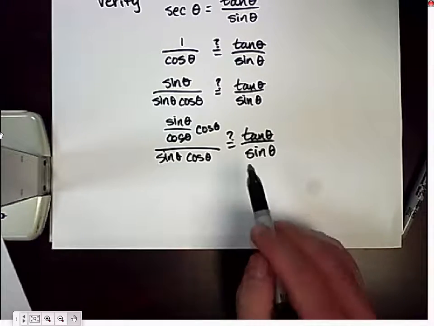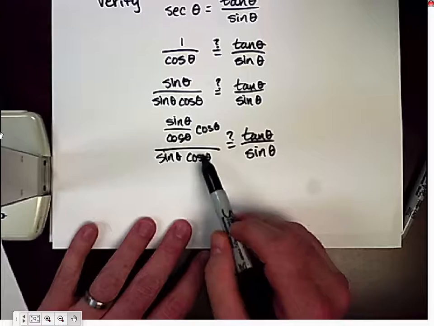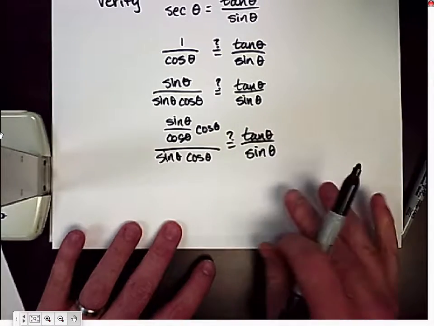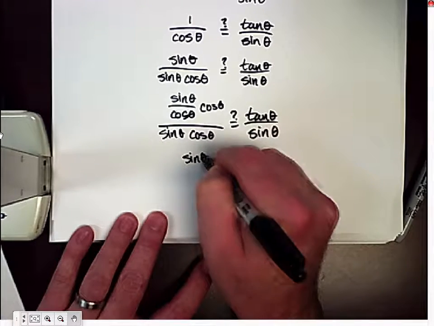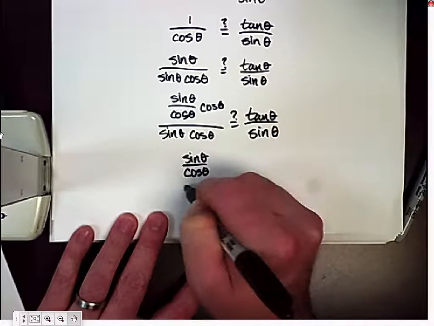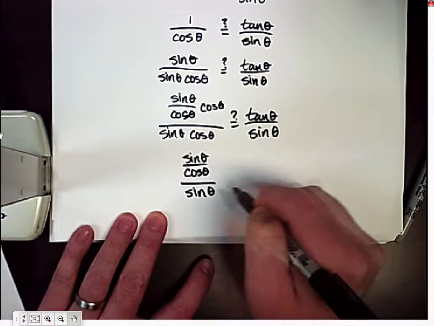Okay. In place of that, I can write, the cosines would cancel, right? So I can write sine theta over cosine theta over sine theta.